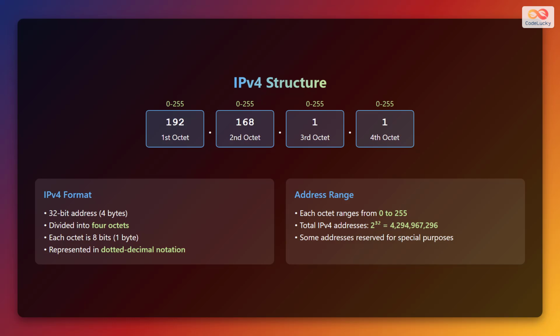These octets are represented in dotted decimal notation, meaning each octet is separated by a dot. Each octet can have a value ranging from 0 to 255. The total number of possible IP version 4 addresses is 2 to the power 32, which equals 4,294,967,296. Out of these, some addresses are reserved for special purposes.